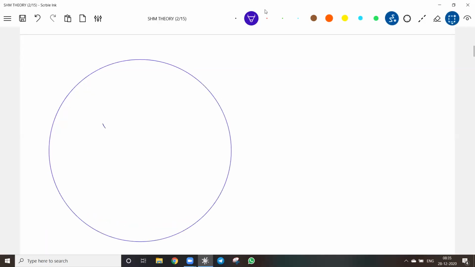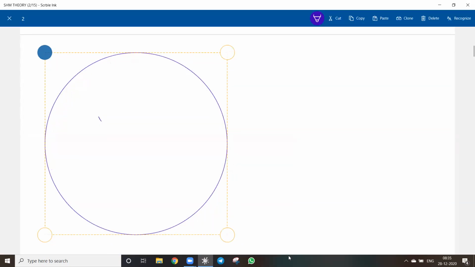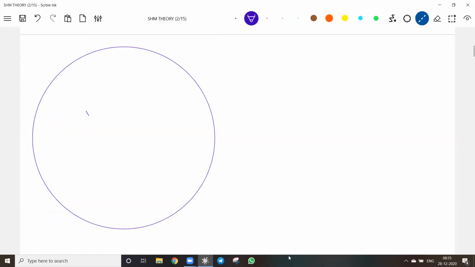Okay, let me directly come to it. Let's again continue with the same thing. Particle is here.